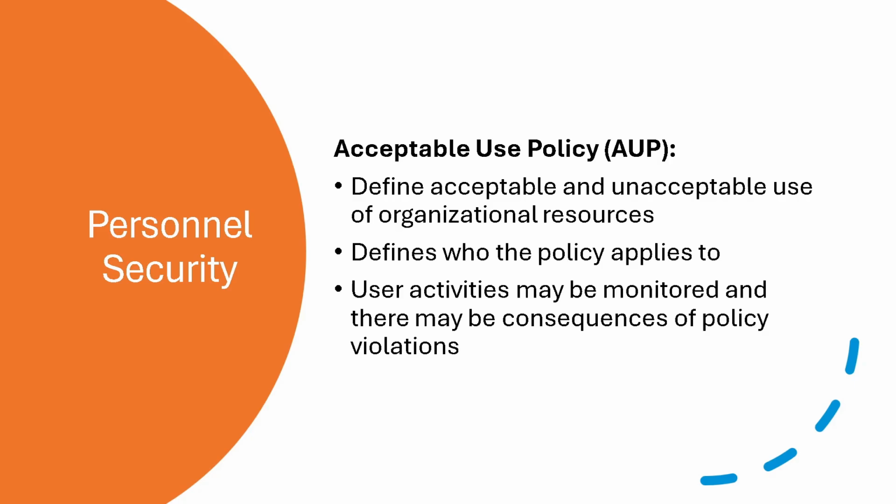It defines who the policy applies to, be it employees, contractors, or others. And it also details the acceptable use of organizational resources. User activity may be monitored, and there may be consequences for violation of the policies.